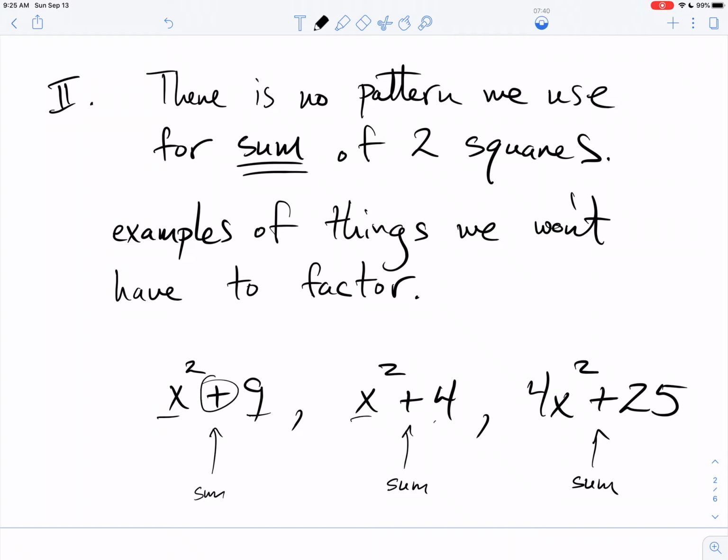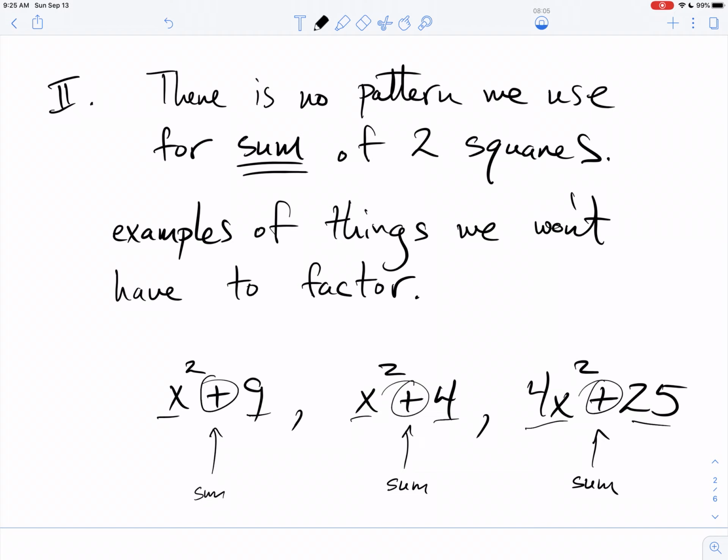That's a square, but that's not a difference. If it's the sum of two squared things, we cannot break it down to help us. So know the difference between difference of two squares and sum of two squares.